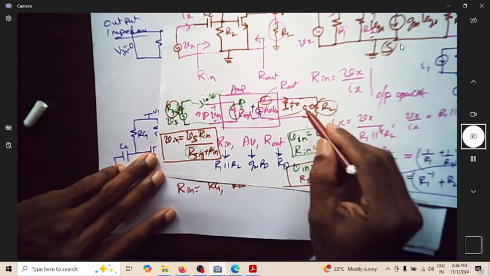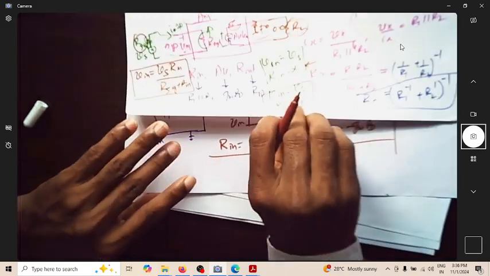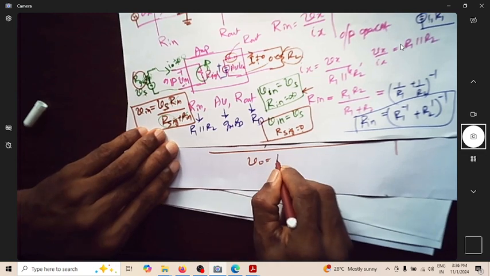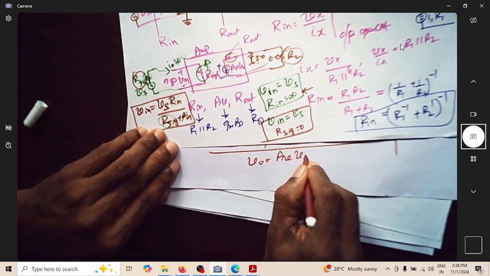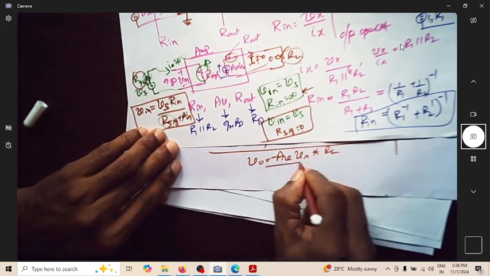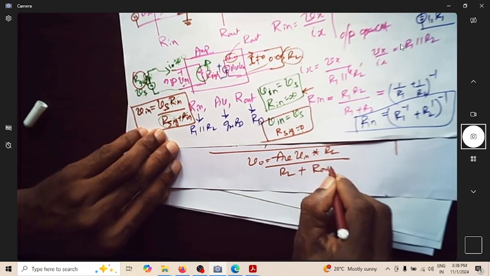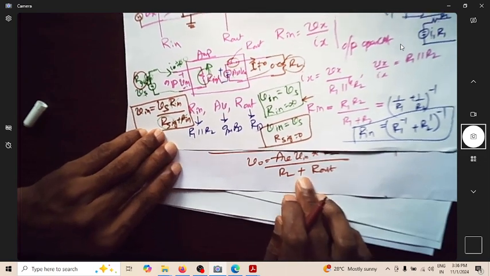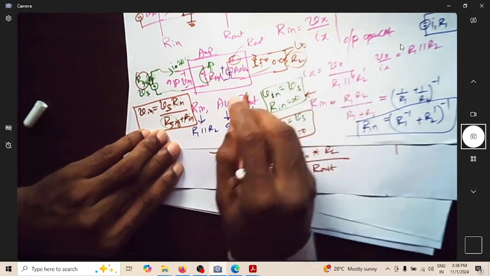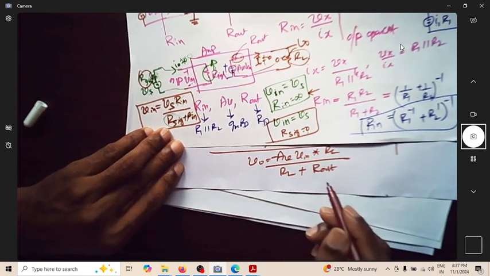So now what is V naught equal to? Can we write the expression for V naught over here? V naught is equal to AV times V in, into RL by RL plus R out. This is the expression of output voltage V naught, with this as the input voltage, and R out and RL.